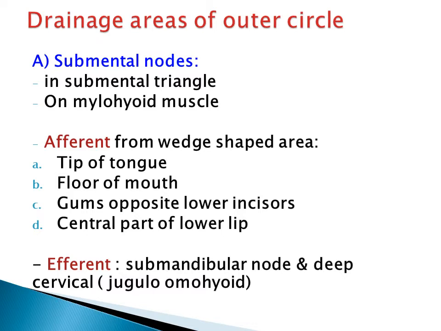As for the area of drainage, the submental nodes drain a small wedge-shaped area. Not so small, but still small compared to the submandibular region. This wedge-shaped area covers the tip of the tongue, floor of the mouth, the gums opposite the lower incisors, and the central part of the lower lip.